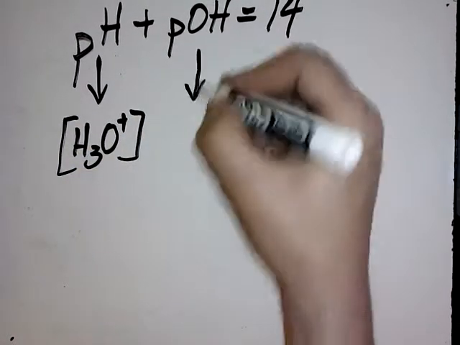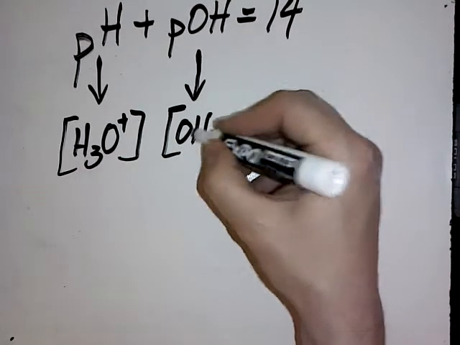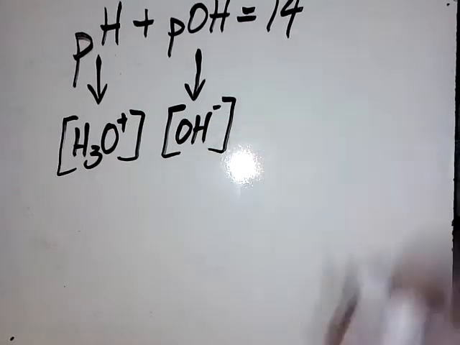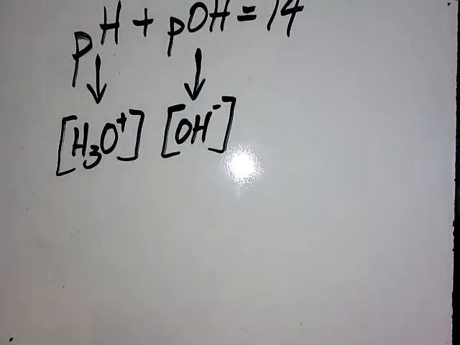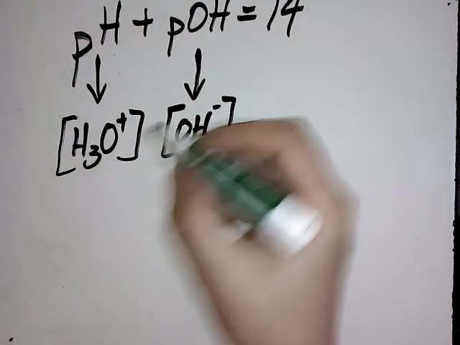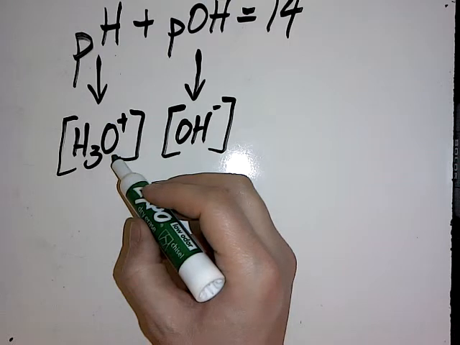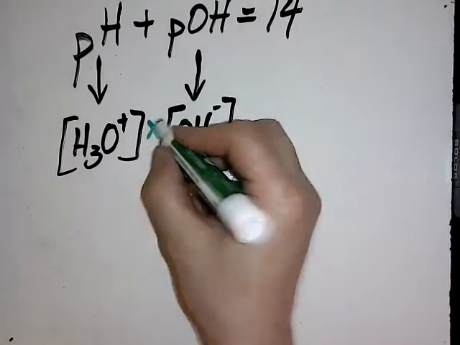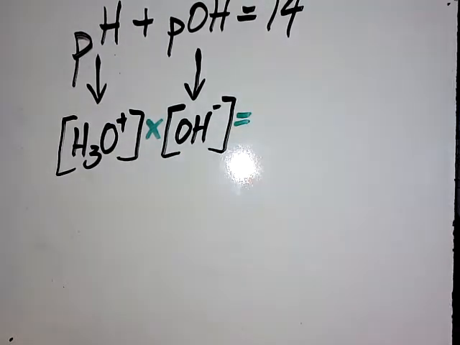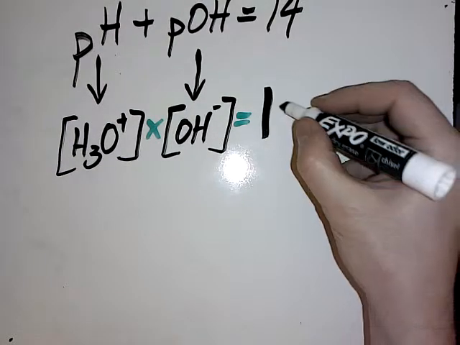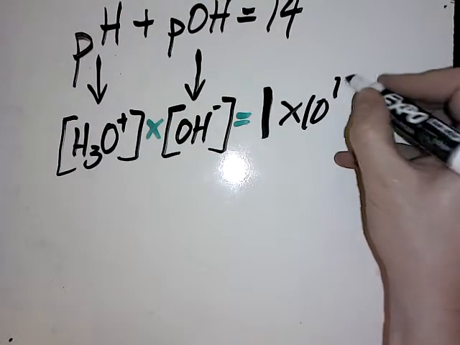This is tied to hydroxide concentration, OH. For any substance, its hydronium concentration times its hydroxide concentration will always give you an answer of 1 times 10 to the negative 14 power.